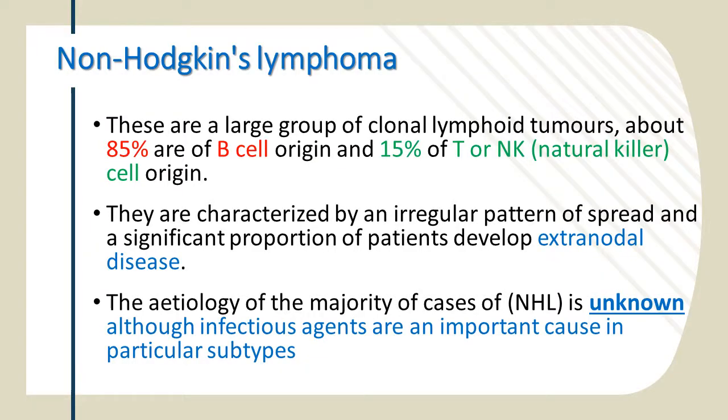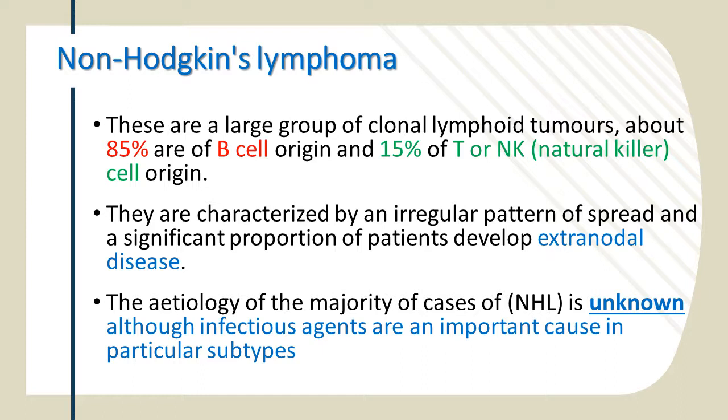As we addressed in the last lecture, the molecular studies have shown that Hodgkin's lymphoma is a tumor of B-cell origin and characterized morphologically by the presence of distinctive neoplastic giant cells called Reed-Sternberg cells. Conversely, the non-Hodgkin's lymphoma are regarded as a large group of clonal lymphoid tumors.